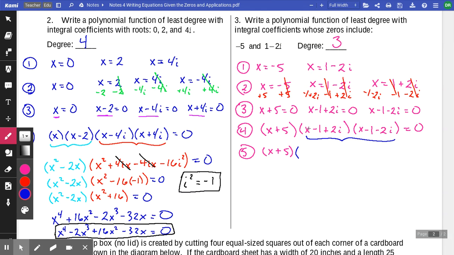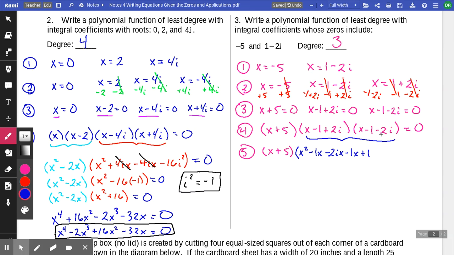You're going to take x times all 3 of these. So we'll take x times x. That gives us x squared. X times negative 1, negative 1x. And then x times this negative 2i, which is minus 2ix. Let's do the same thing with our negative 1 in this set of parentheses. So negative 1 times x is negative 1x. Negative 1 times negative 1 is positive 1.